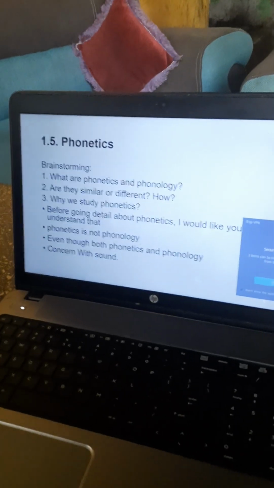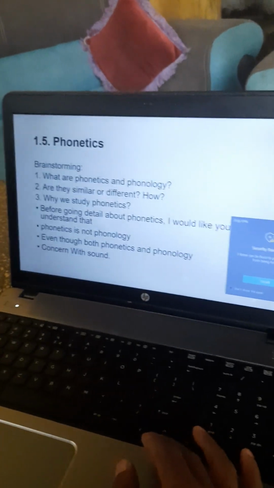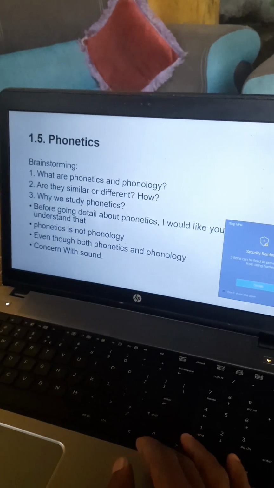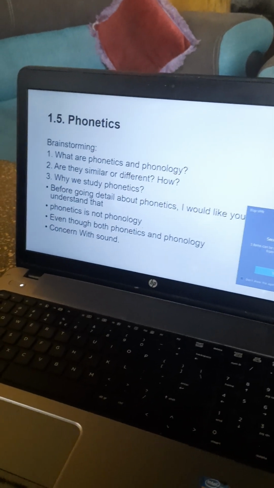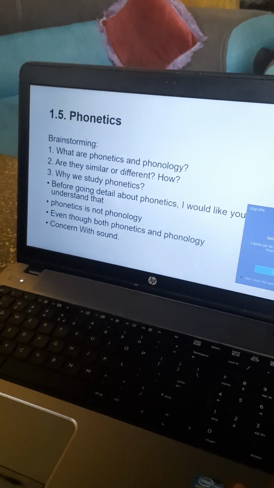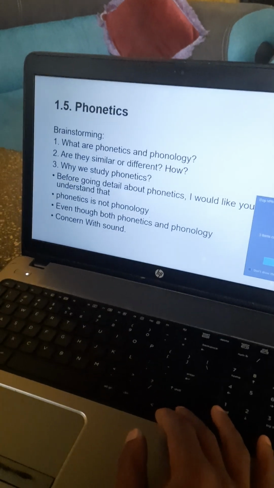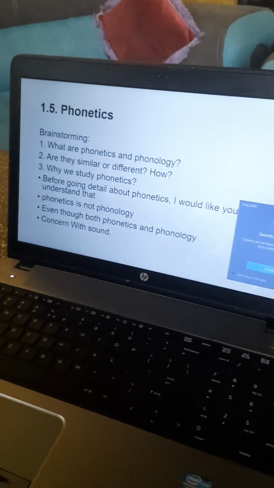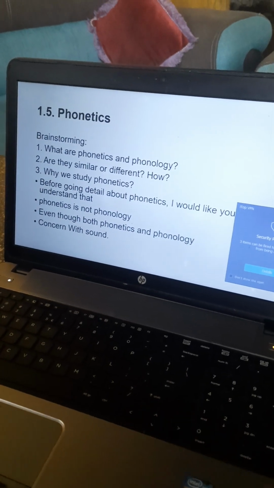Before going into detail about phonetics, look at these brainstorming questions. What are phonetics and phonology? What is phonetics? What is phonology? Are they similar or different? How? What is their difference? What is their similarity?